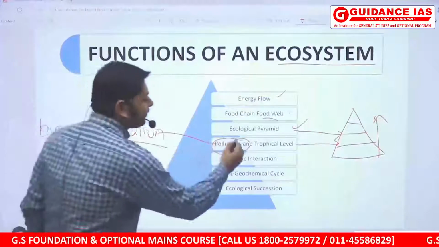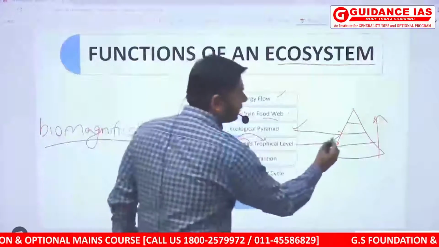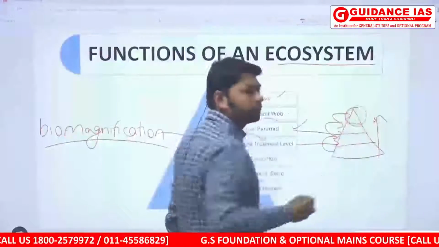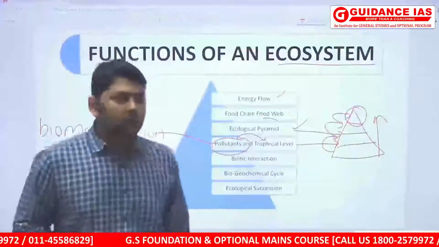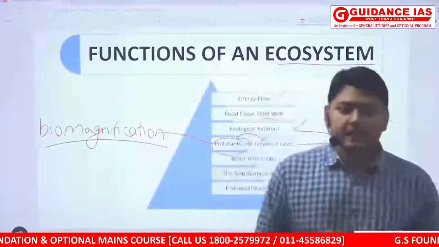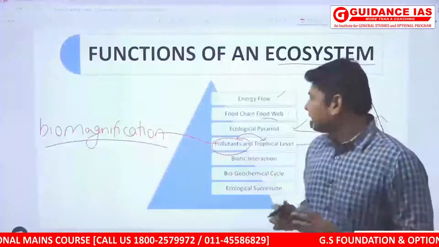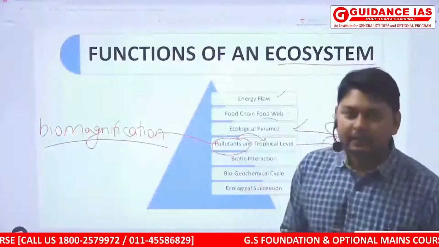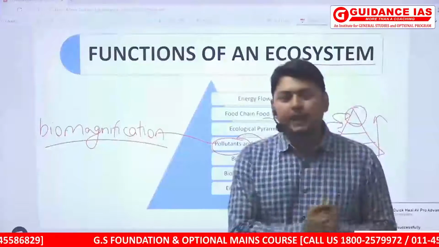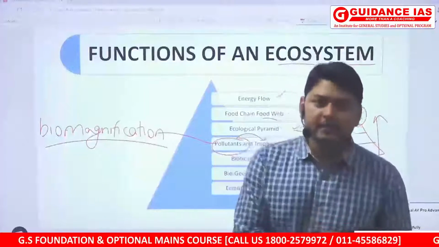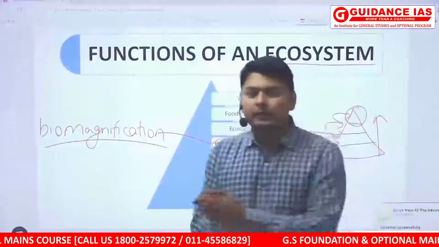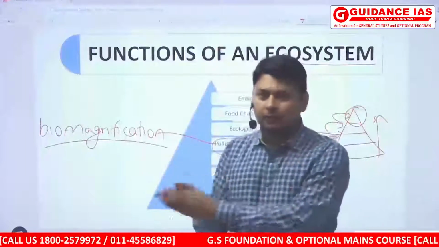This pollutant goes into different trophic levels. This accumulation will come towards the top level of the ecological pyramid. These are issues related to the environment, because the primary consumers take those pollutants and they accumulate in their bodies, and those accumulated pollutants are carried forward to the next level of the food chain.